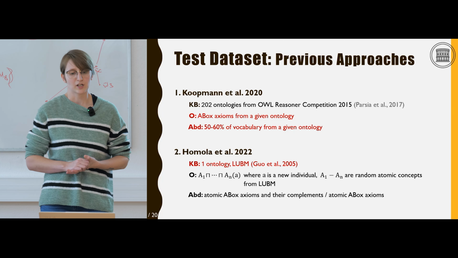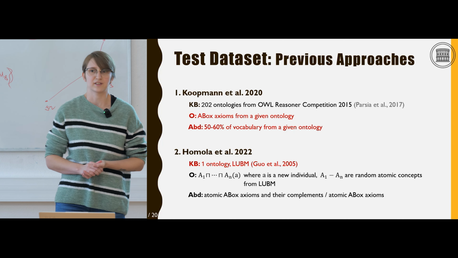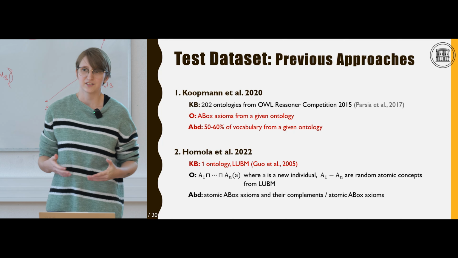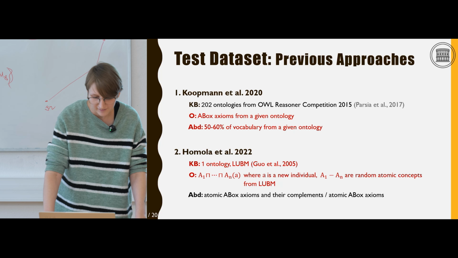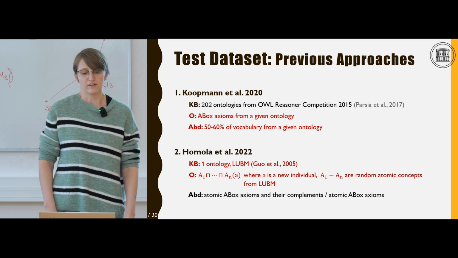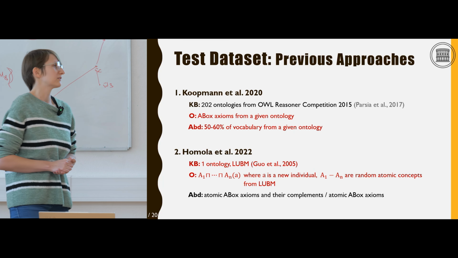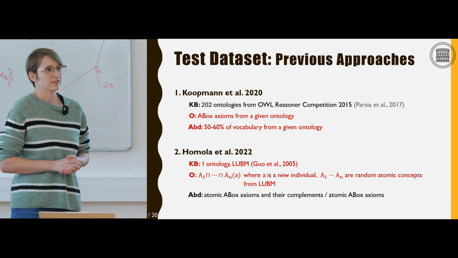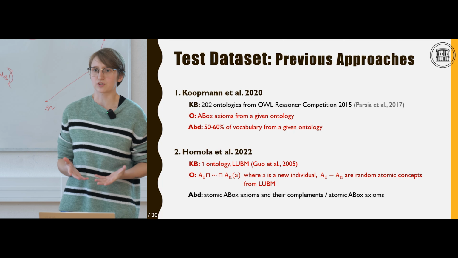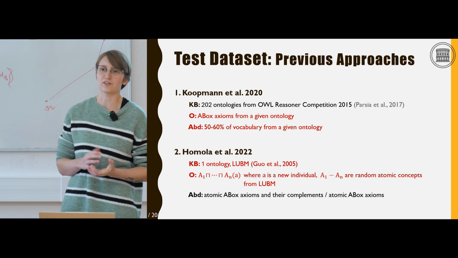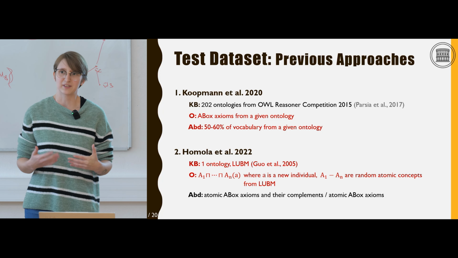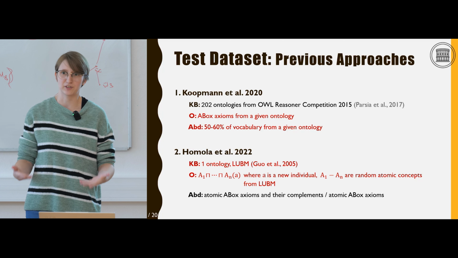And for the second approach, one ontology is too little. It should be more diverse, so we should have more ontologies in our data set. And generating observations like this is seen as too artificial because the concepts are chosen randomly. So in the end, the observation may not even make sense.